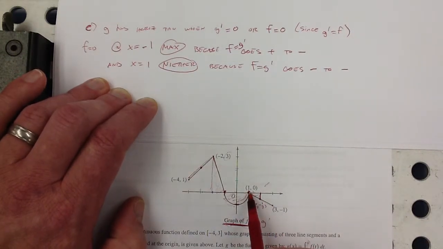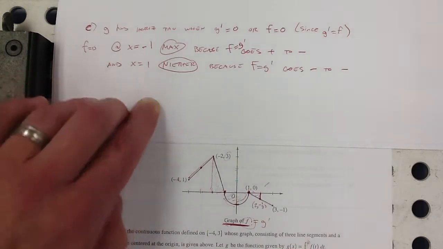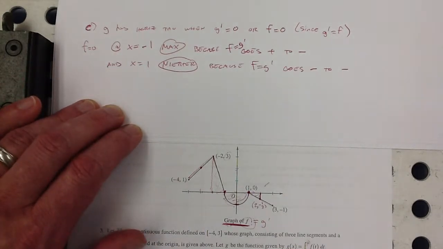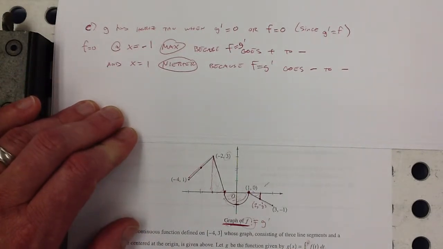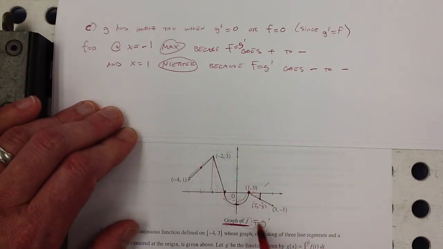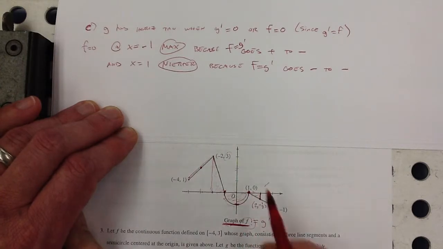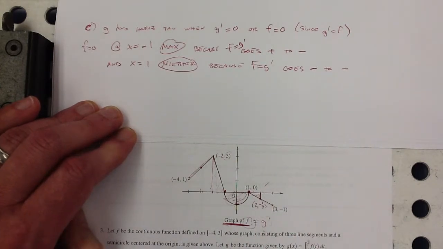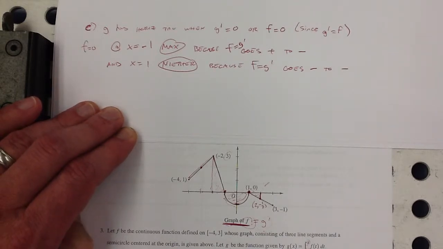So it does have a horizontal tangent line there, but it's not a maximum or a minimum, right? If you're looking at this going, hey, that's a sharp corner. Well, this is the graph of G prime, not the graph of G. They're asking about horizontal tangent lines on G, not on this function. So certainly they would get lots of wrong answers about that. And let's try not to be counted among those.